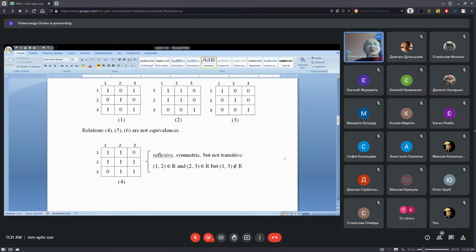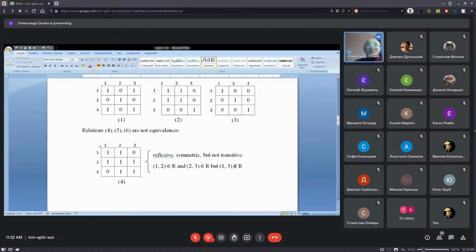And here, relations on the same set 1, 2, 3 defined, but which are not equivalences. Here, it is reflexive, it is symmetric, but not transitive. Why? We have 1, 2, this unity 1, 2. After that, 2 to 3 here.